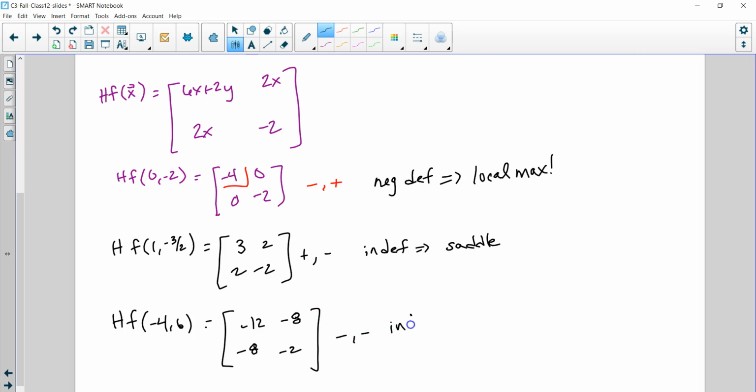And so then this is also indefinite, which gives me a saddle. Okay, and so that's kind of the idea. What I would encourage you to do is graph it, and maybe in CalcPlot 3D, and look and find these points and verify that they actually are local mins, and saddles.